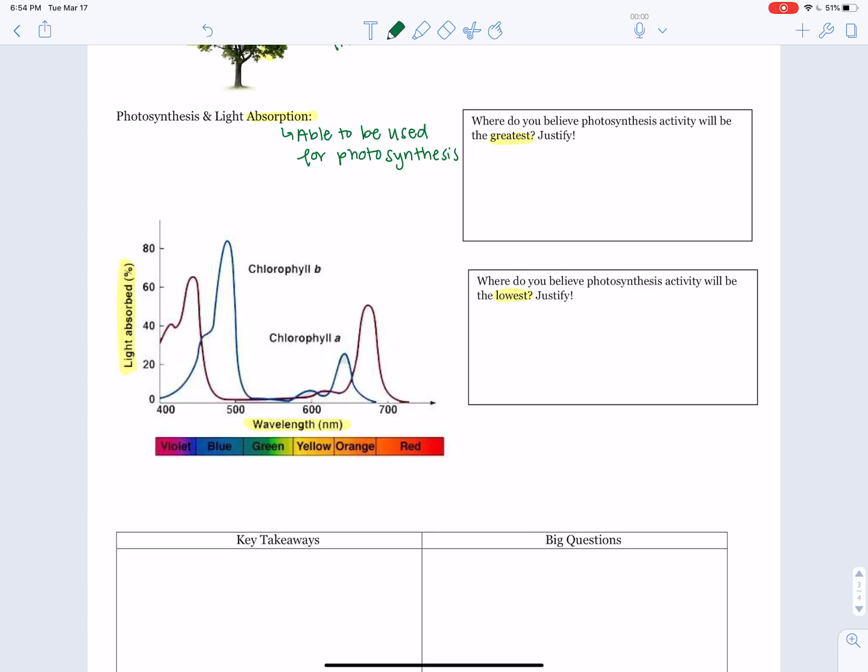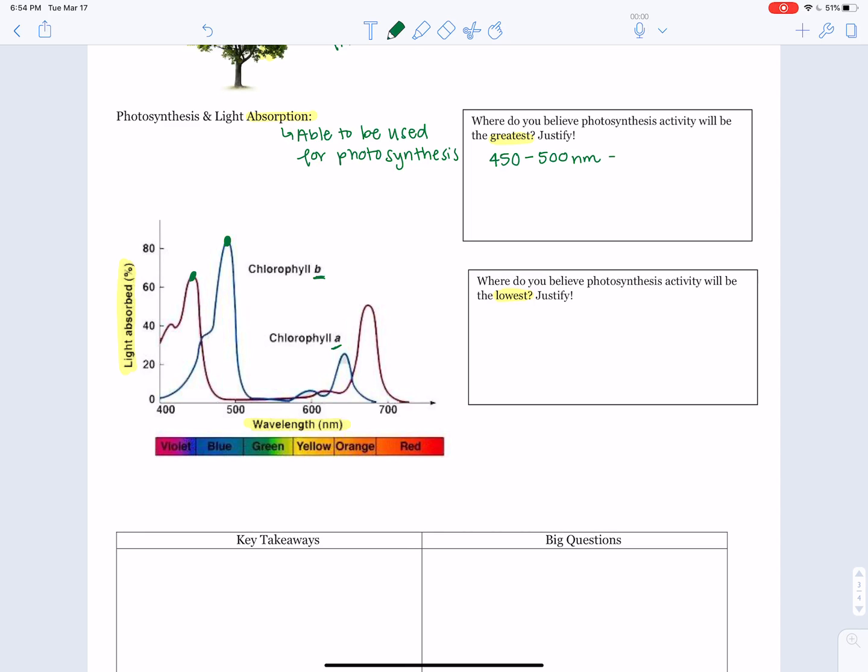I hope you paused it, but where do you believe photosynthesis activity will be the greatest? Well, I'm going to look at my graph. Where is my absorption the highest? And so this is talking about two different pigments, chlorophyll B and A, but they are just about the same. So I would look and I would say probably right about here. So I would give a range, basically anywhere from 450 to 525 nanometers, right?